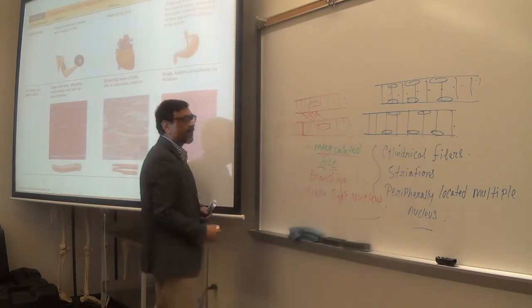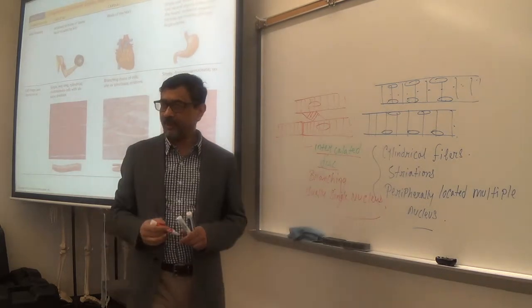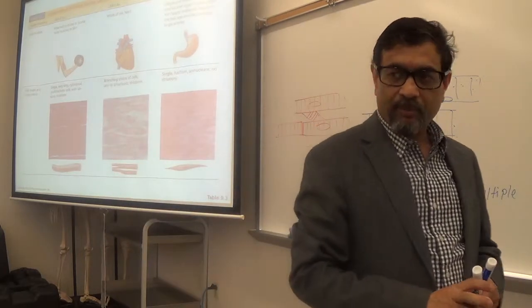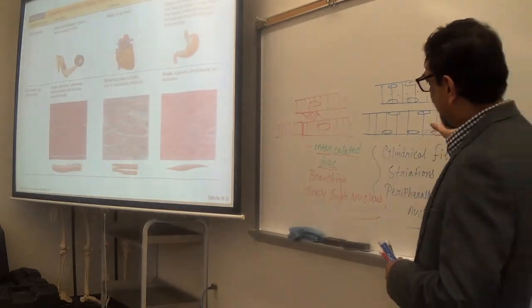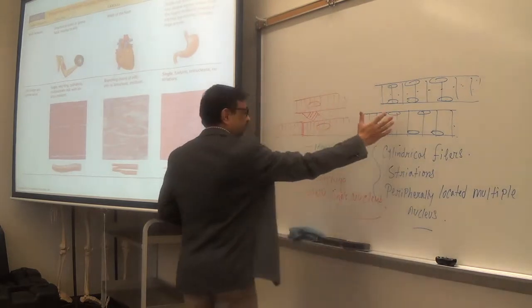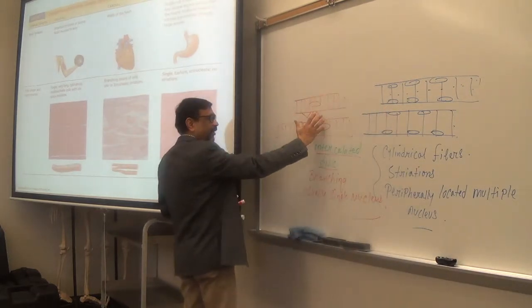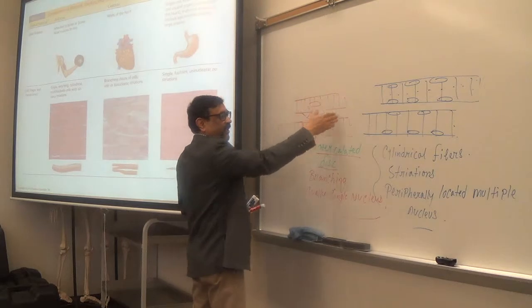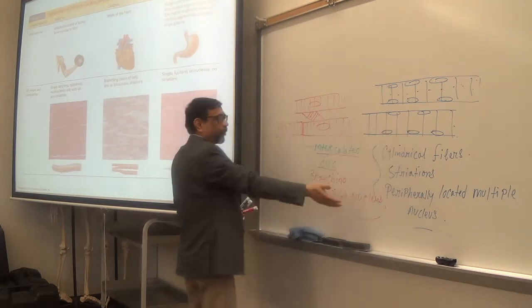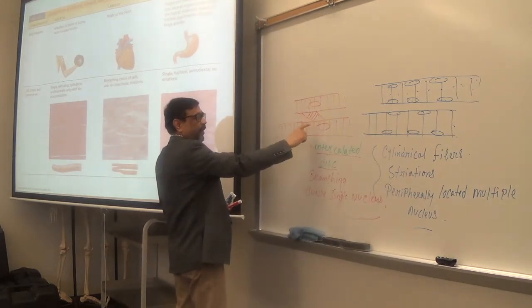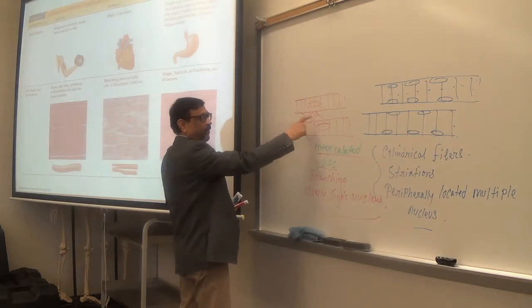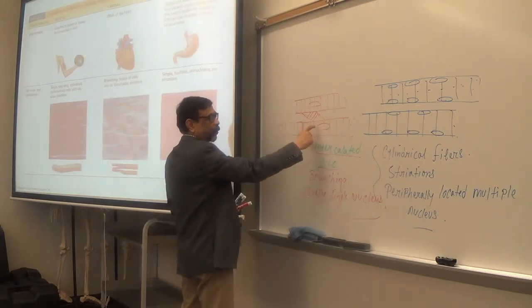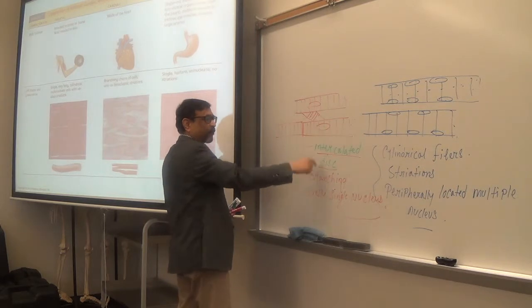So that is the cardiac muscle tissue under the microscope. A couple of things are the same: cylindrical fibers both in skeletal and cardiac, and striations are present in both. But in cardiac you have intercalated discs, branching, and usually a single nucleus, not multiple.